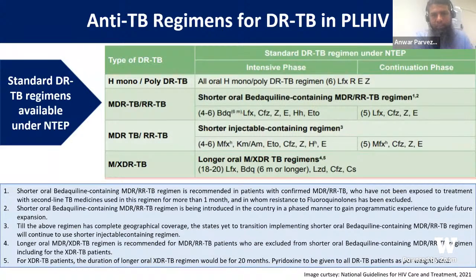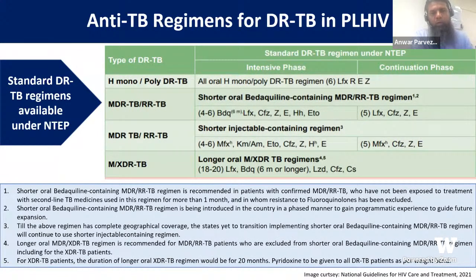This is about the shorter and longer or injectable MDR-TB treatment. In the shorter injectable-containing regimen, this is where we use aminoglycoside. Otherwise, we don't usually use it.